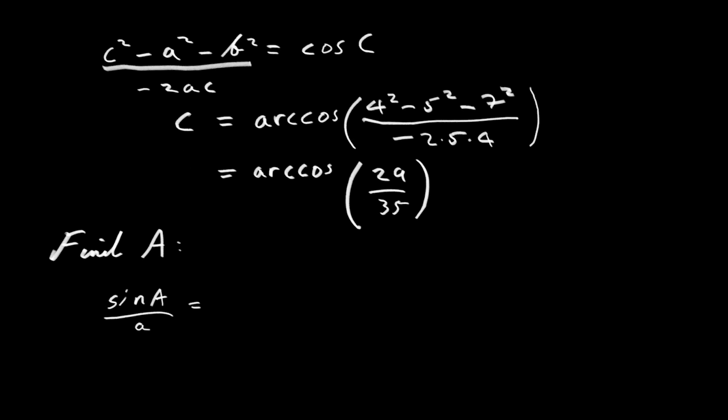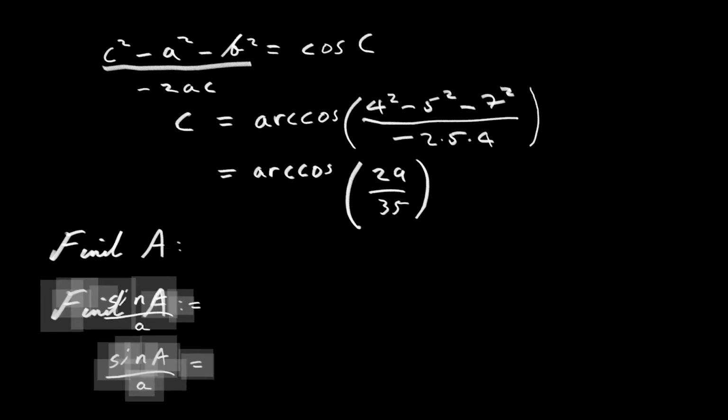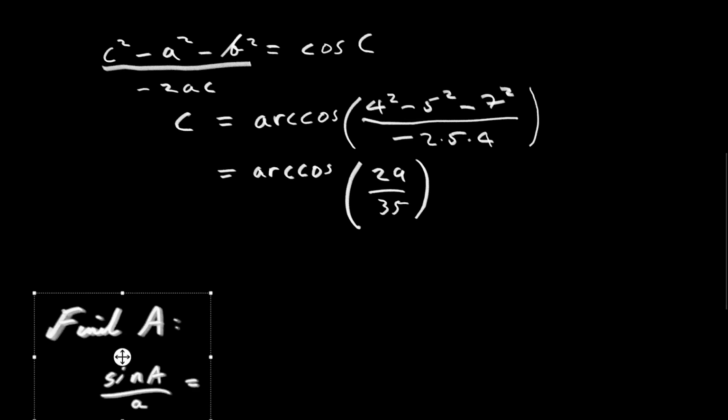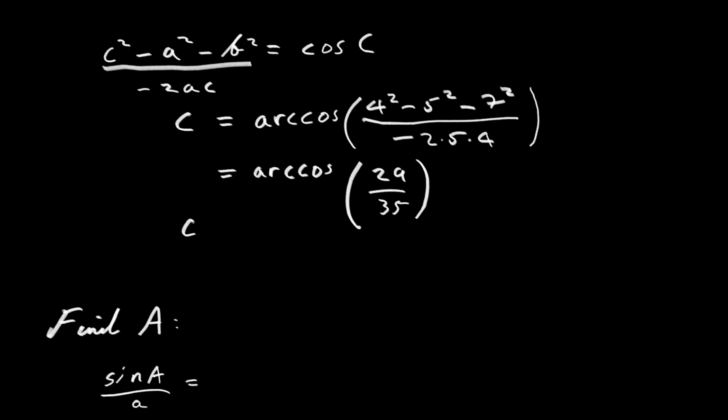By the way, here is an approximation for C. If you want an exact answer, what I've done would be the exact answer; there's no other way you could write it without rounding. So C is approximately equal to 34.05, rounded to 2 decimal places, and that's in degrees.